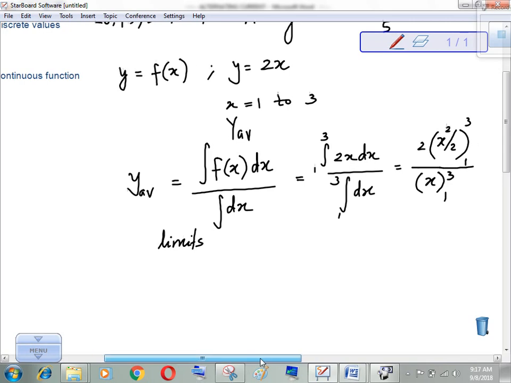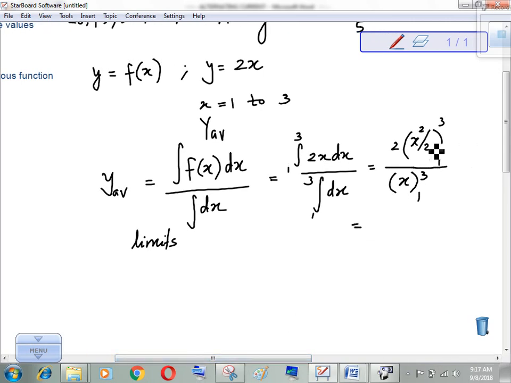Now 2 will get cancelled. 3 square will be 9 minus 1 square, 3 minus 1. So the average value of y for this particular range of x is 4.